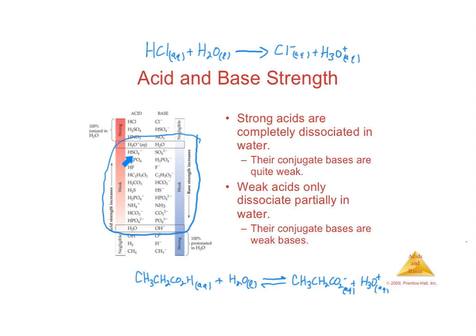The stronger the weak acid, relatively, the weaker its conjugate base is. And on the other end, the weaker that Bronsted-Lowry acid is, the stronger its conjugate base is going to be.